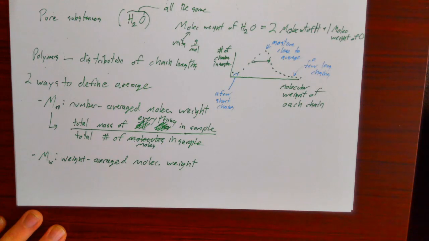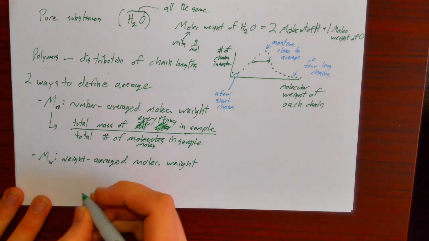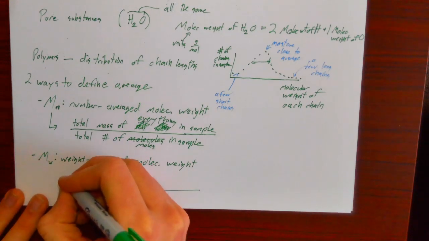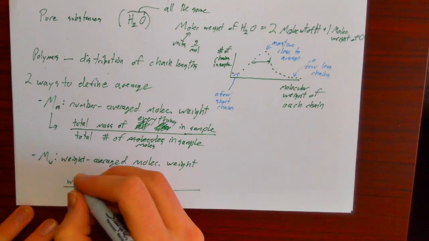The weight average molecular weight is basically where I give extra weighting.